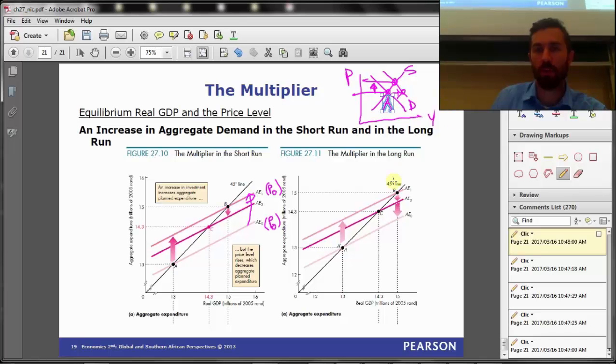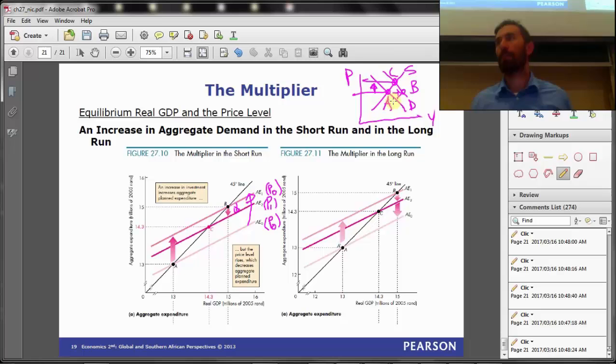So that initial point was point A. When I move from point A to point B, with prices unchanged, I'm moving from point A in my demand-supply environment to this point here, which is point B. But when prices start increasing, which shifts my aggregate demand curve down, towards, say, as my prices increase from P0 to P1, I move from point B to point C. That's represented by movement from point B to point C in my demand supply environment. Okay? So we have not yet dealt with aggregate supply.